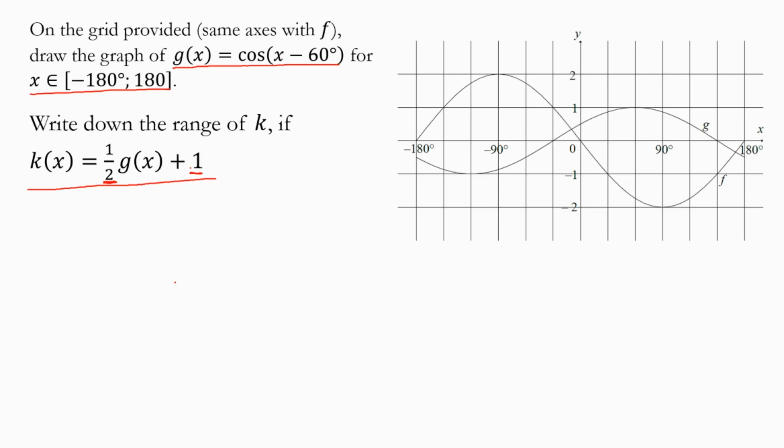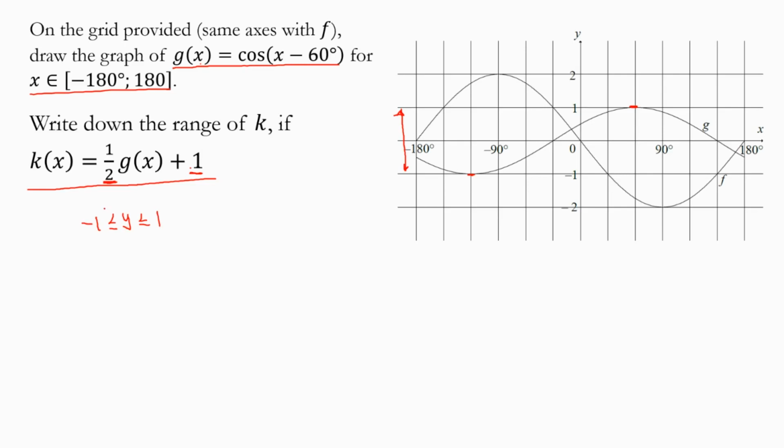We can start by having the range of g of x. What is the range of g of x? The range for g of x, we're saying that the y value is between -1 and 1. So it's from -1 to 1.